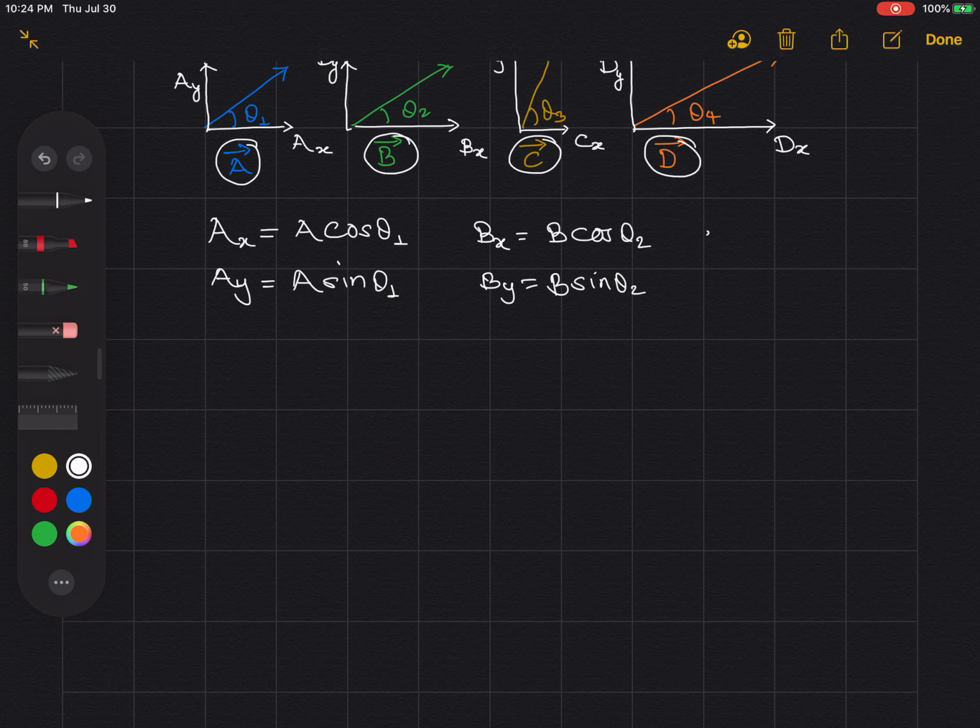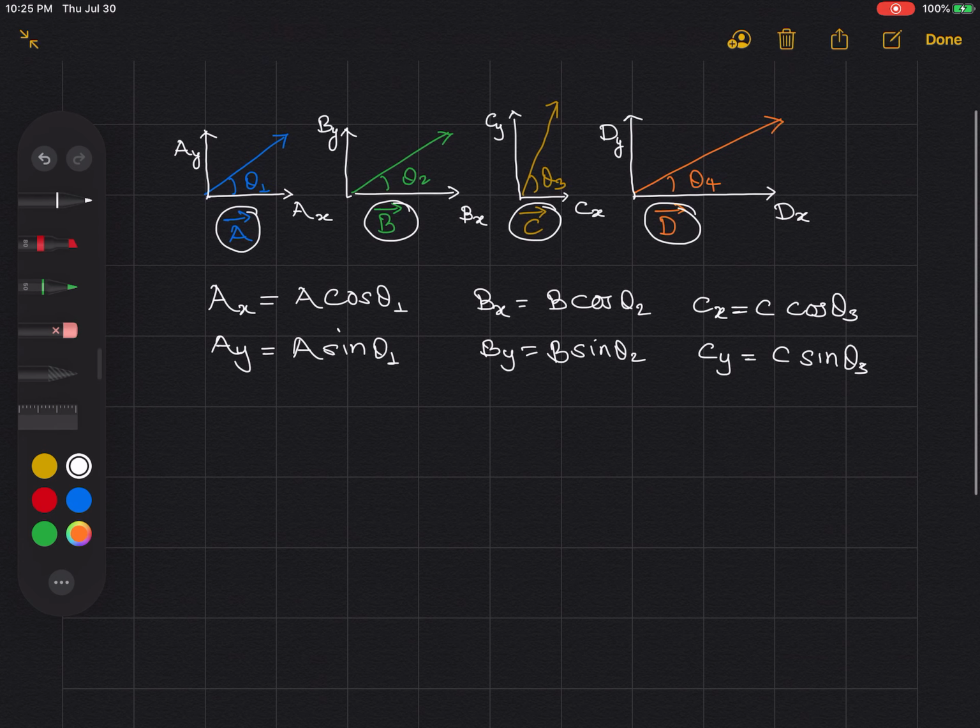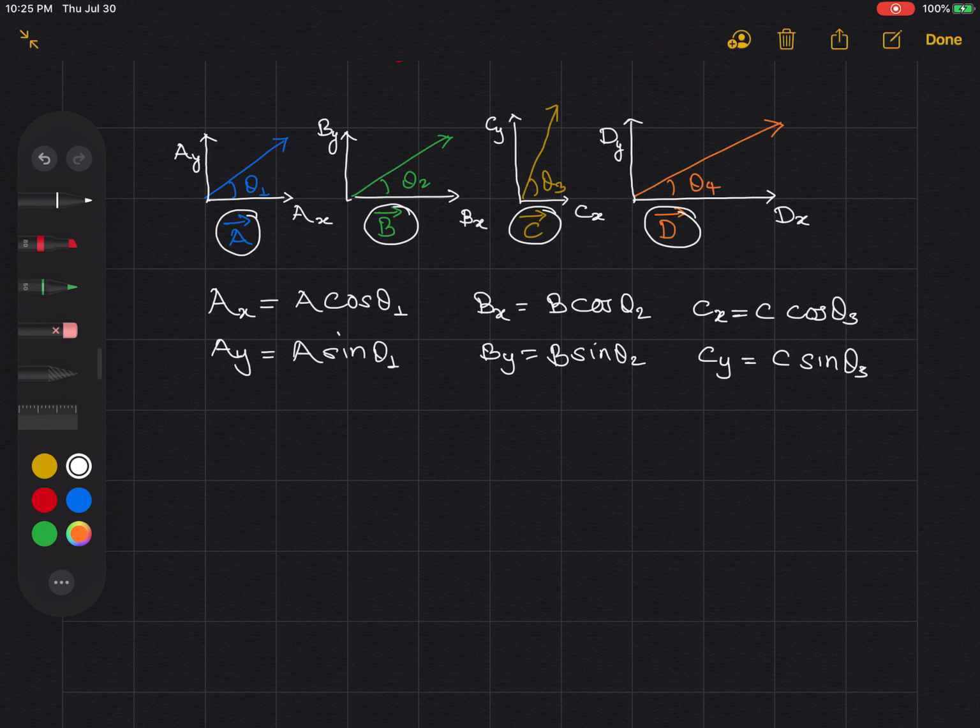And similarly for c, the x component is c cos theta 3, and the y component is c sine theta 3. You can write similar components for the last one, dx and dy.